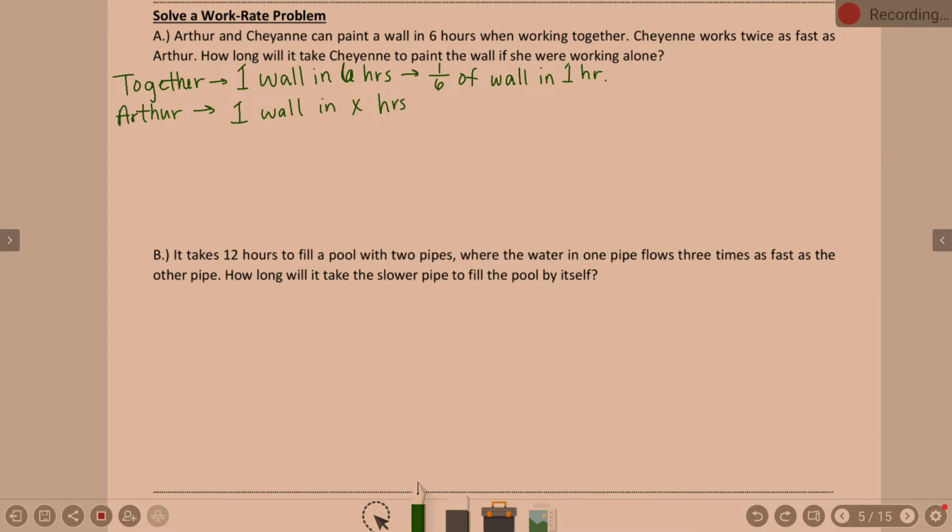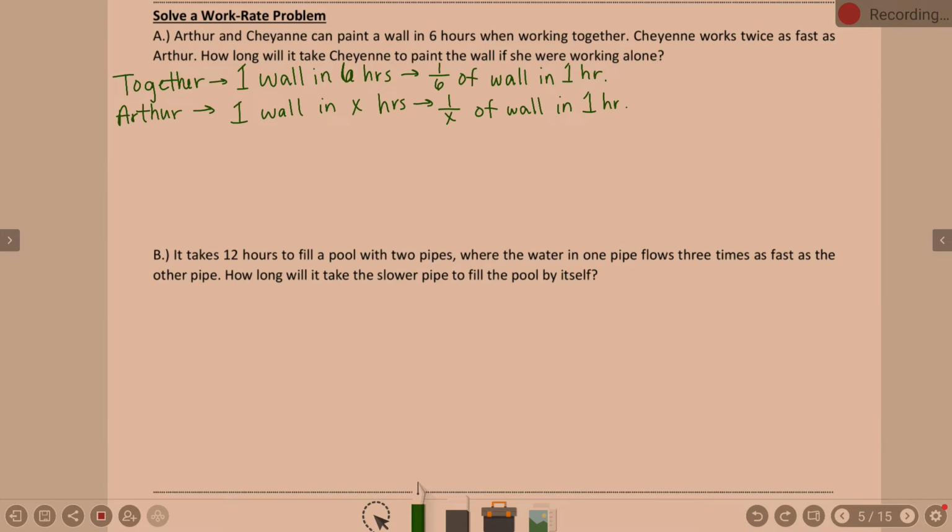With that information, what can he paint in 1 hour? Yep, exactly. In 1 hour, he can paint 1 over X. Okay, so he can paint 1/x of a wall.